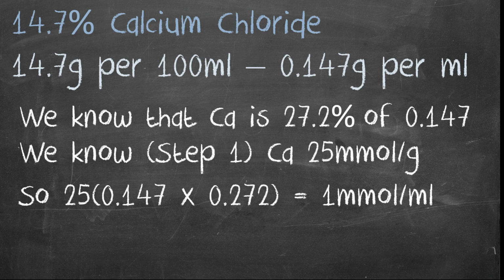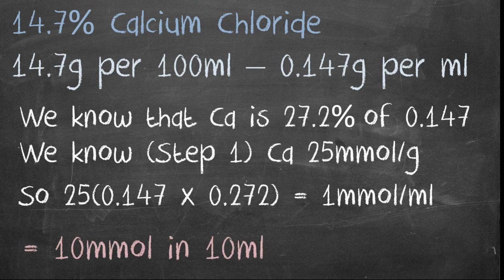And so 14.7% calcium chloride contains 10 mils of 10 millimoles. So if you want to give 10 mils of calcium chloride, 14.7%, you will give the patient 10 millimoles. That's a lot of calcium.